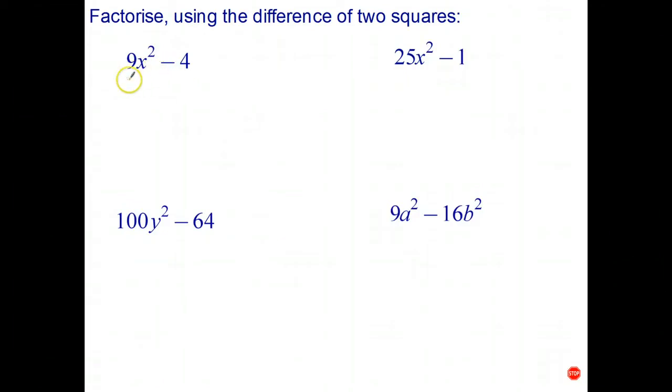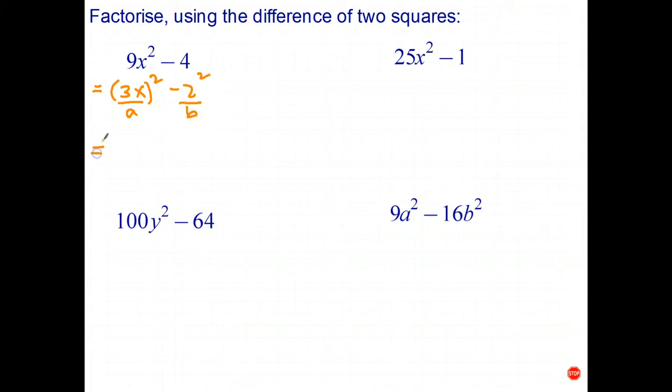So for 9x squared, take 4. Again, normally after you've done a few of these, you can leave this step out. You don't need to write it. You can do it in your head. So 9x squared can be written as in brackets 3x all squared. So that's A, and B is equal to 2.